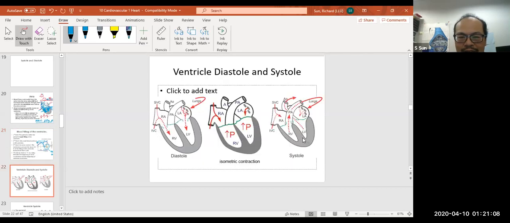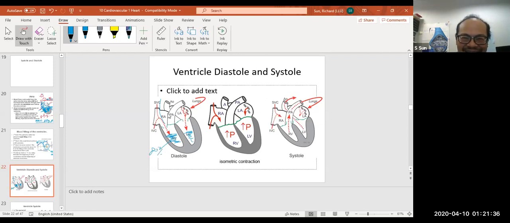Now following that is the ventricle. So in the beginning, the ventricle is relaxed. During this time, left and right ventricle are relaxed. Atrium is relaxed. And so the blood goes in, fills it to about 80%.